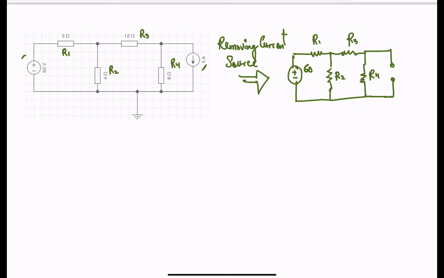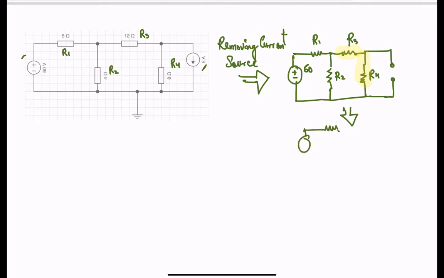Looking at it, we realize that R3 and R4 are in series, right? This one over here and this one over here are in series. So I can transform this circuit like this.